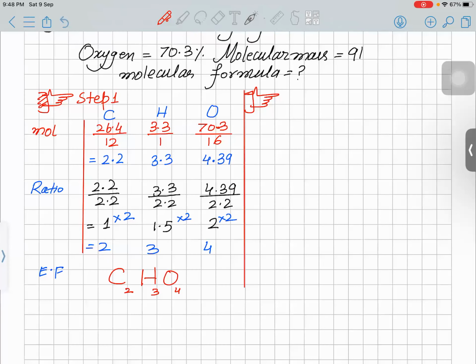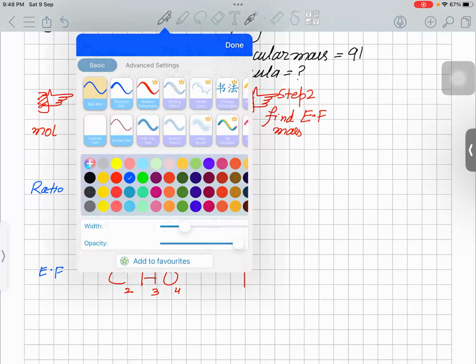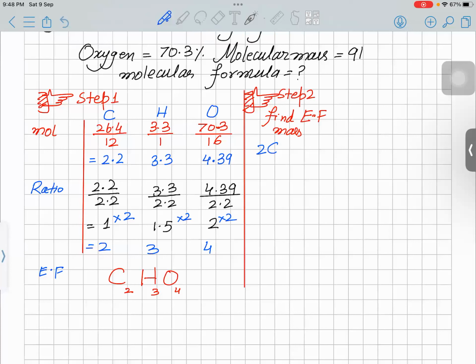Now step 2. Step 2 is to find the empirical formula mass. So 2 carbon plus 3 hydrogen plus 4 oxygen.